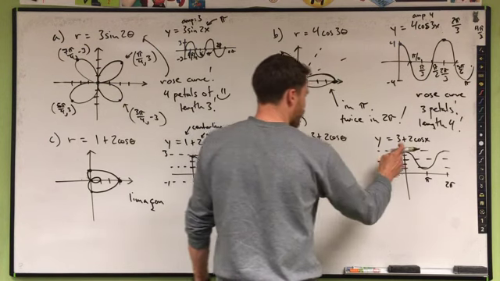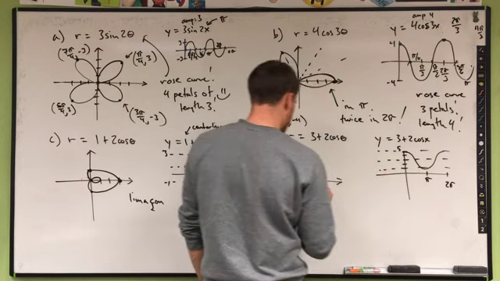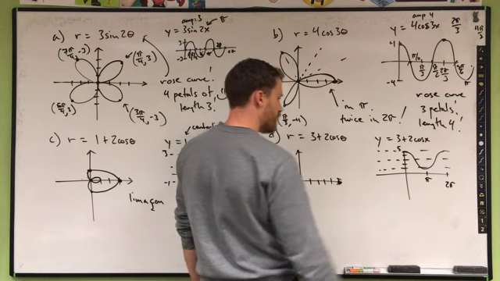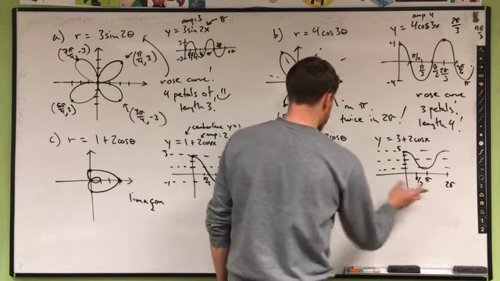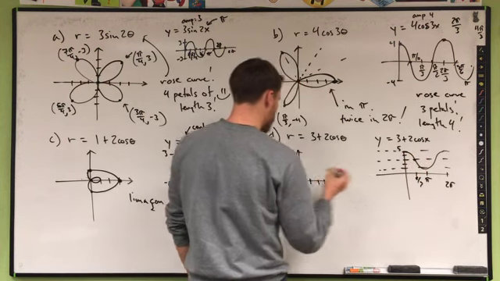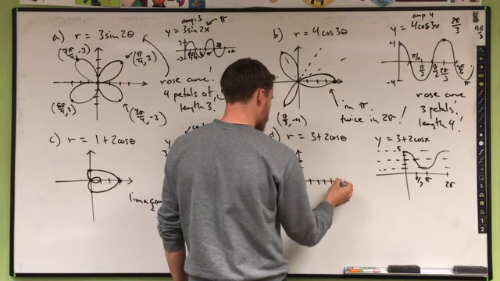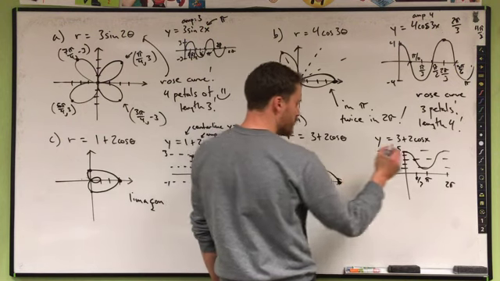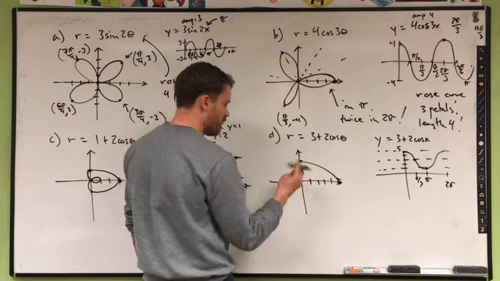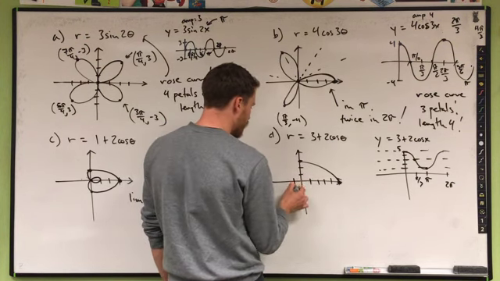All right, so we started with a radius of 5. 1, 2, 3, 4, 5 right there. Then by the time we got to pi halves, which is the angle right here, our radii have been decreasing until we got to 3. 1, 2, 3. So it goes like that. Then they continue decreasing until we get to the angle pi, and we get to a radius of simply 1.